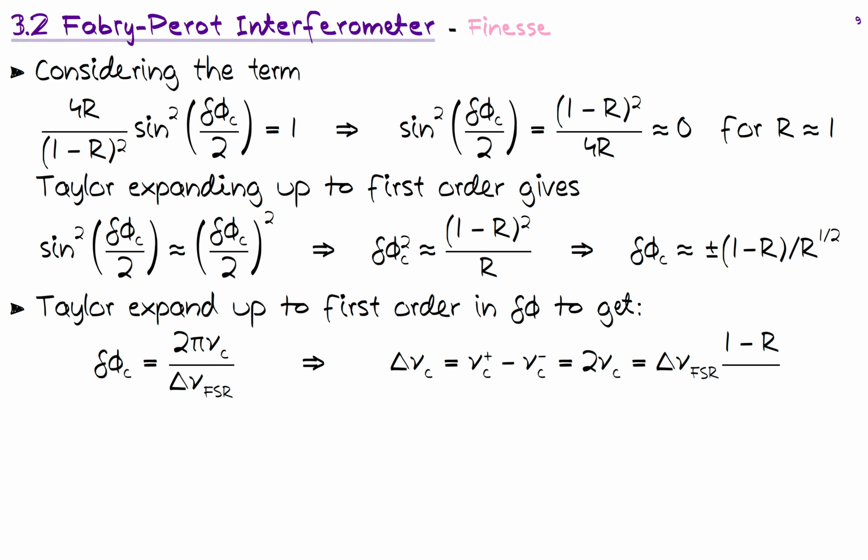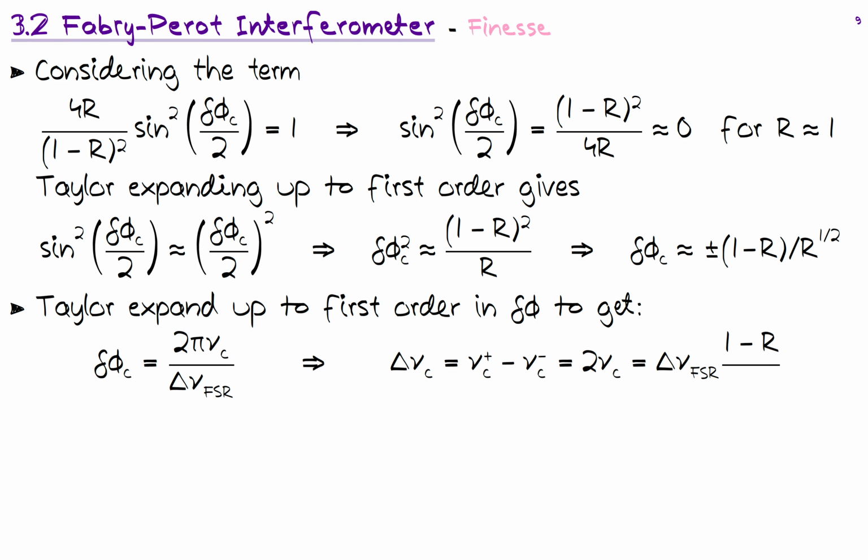So that's the finesse, and the full width half maximum value is the width of a single peak of a Fabry-Pérot interferometer, and the free spectral range gives us the periodicity of the peaks. Finesse is defined as this ratio, and using the previous calculations, we can give it this simple form that seems to depend only on the reflection coefficient of the mirrors, assuming that we have identical mirrors.